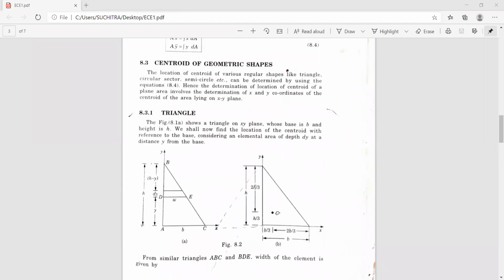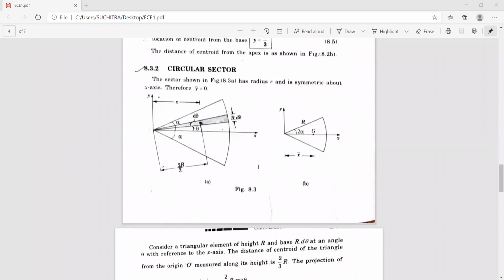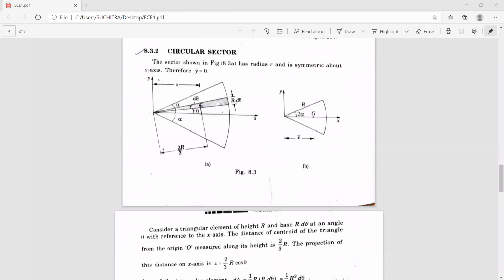So in our case we have to consider the radius. Hence the centroidal distance of this triangular elemental area is 2/3 r measured from the apex, and this distance will obviously be 1/3 r, h by 3 or r by 3, and this is 2h by 3 or 2r by 3.